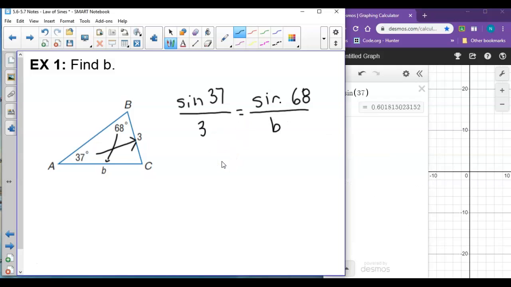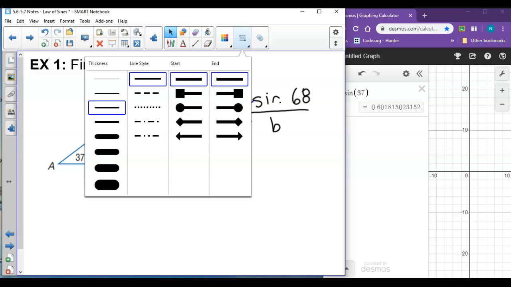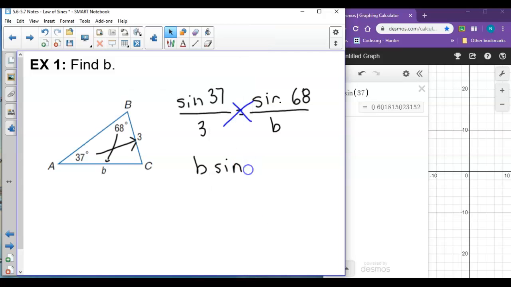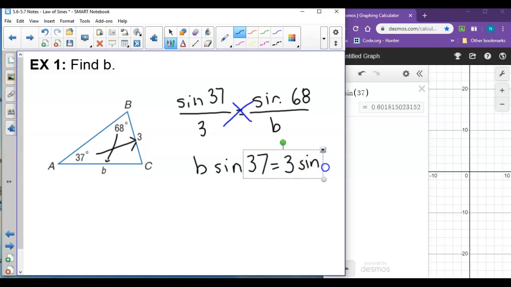So, I'm going to cross multiply, and when I cross multiply here, I will get B times sine 37 equals 3 times sine 68.